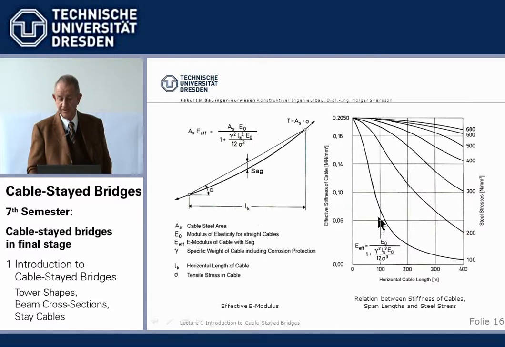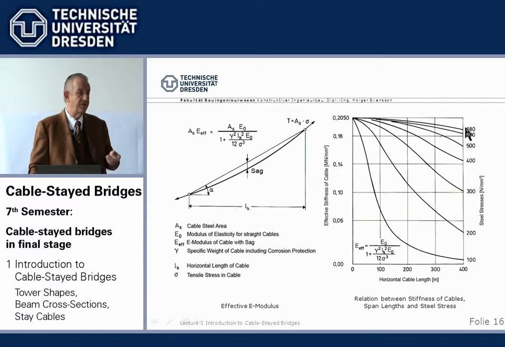these curves are given for the various stresses in the cables. If we have a low strength steel, we cannot stress so highly as if we have a high strength steel. And here we have the effective modulus of elasticity. The 205 is the straight steel, and if we have, under permanent loads, which is governing, a stress of 680 Newton per square millimeter, which is reasonable, then we see we have very little loss of effective modulus of elasticity.